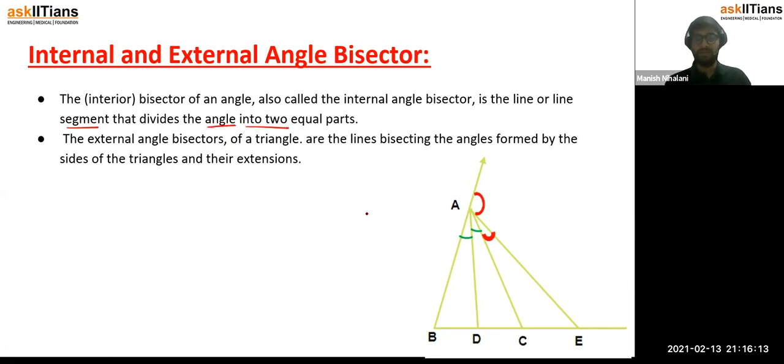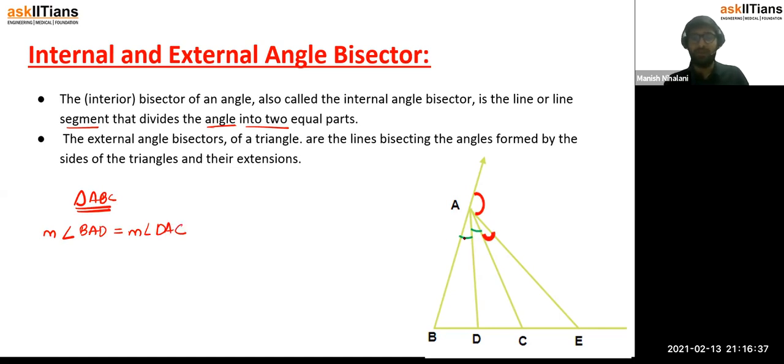Now if you just look at this figure, this sketch below, in this triangle ABC, we can see that measure angle BAD is equal to measure angle DAC, right?